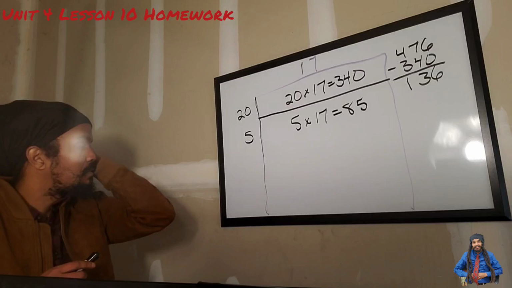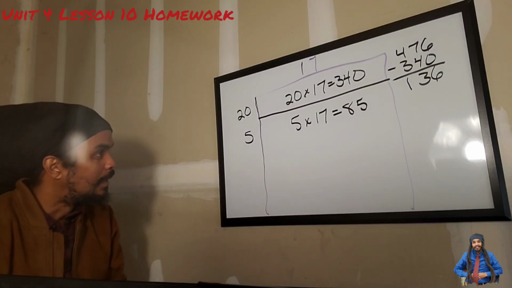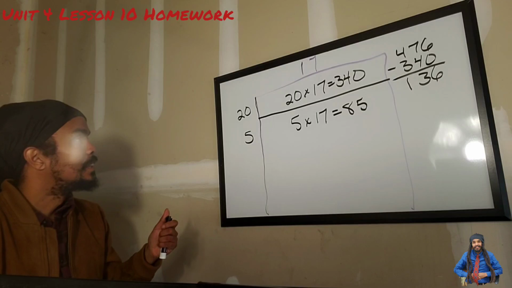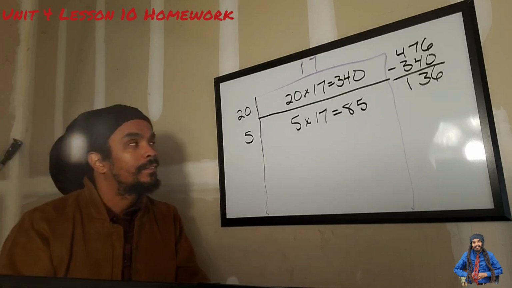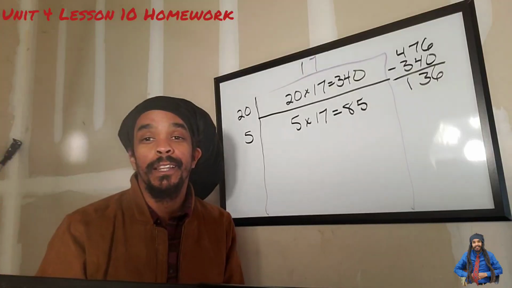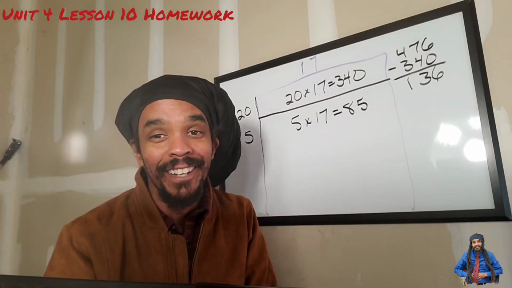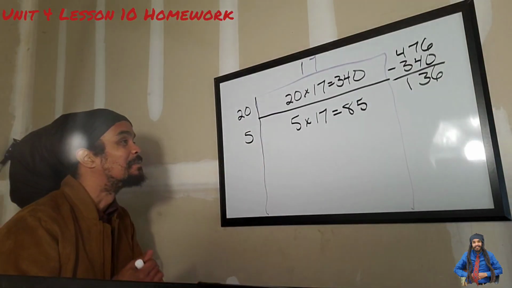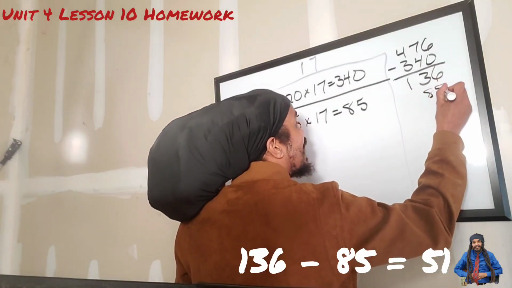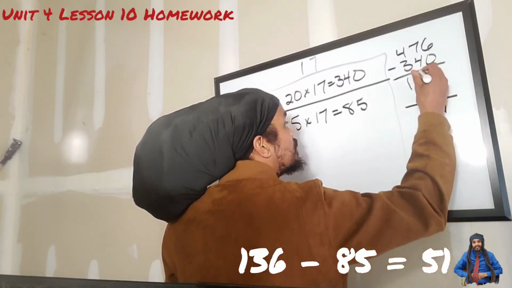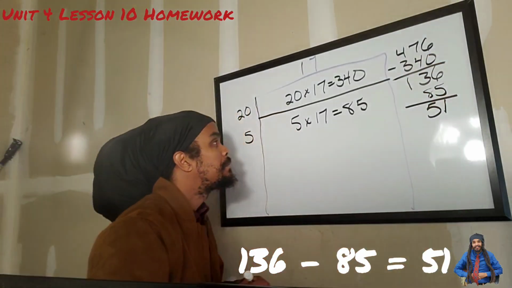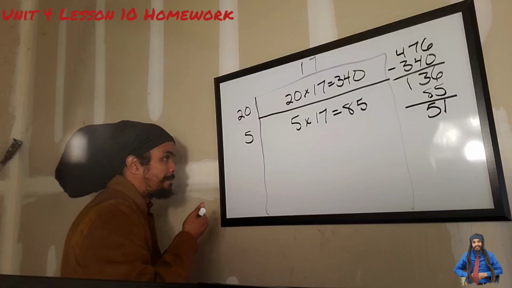Oh, I made this harder than it needed to be, but we'll just do the 5 piece. Sorry, guys. 85. So 136 minus 85 is going to be 51. So we got 51 left.